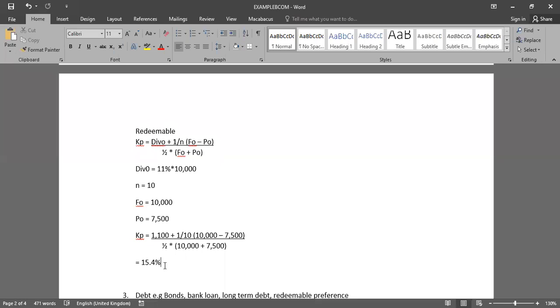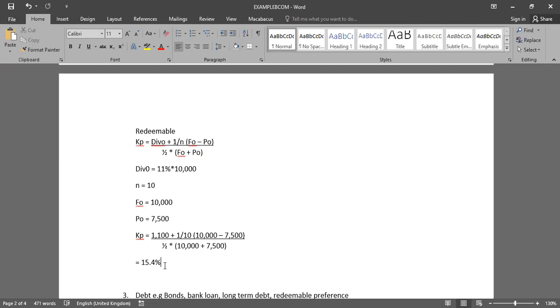Weighted average cost of capital has steps. Step 1 says you compute the cost of capital for each item, meaning for every debt item and every equity item. Then you determine the proportion of each debt or equity item in the pool, in the capital structure.